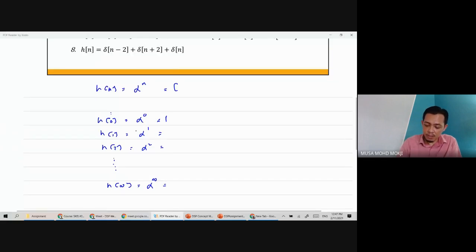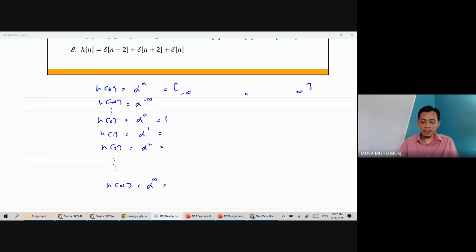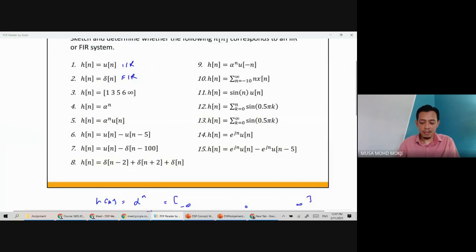Actually this starts from H minus infinity, so it starts from index minus infinity up to infinity. So obviously this is IIR. Okay, this is IIR.